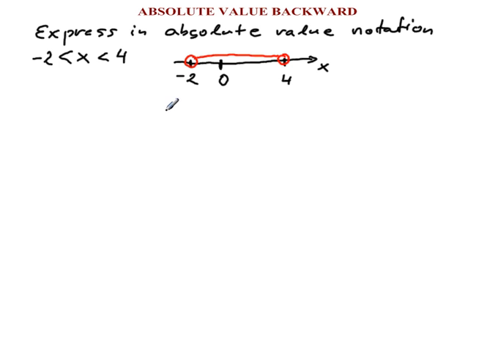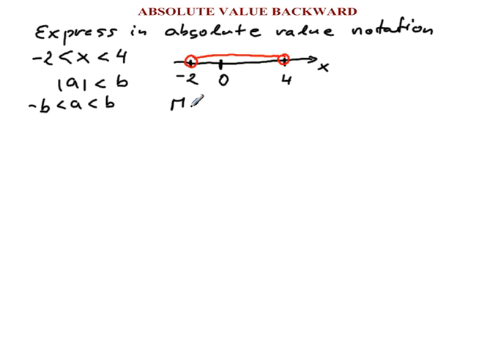If you recall absolute value notation, let me quickly remind you: absolute value of A is less than, let's say, B. So this is equivalent to A being in between -B and B. Okay, so if A is at the center, there are B units to the right, B units to the left.